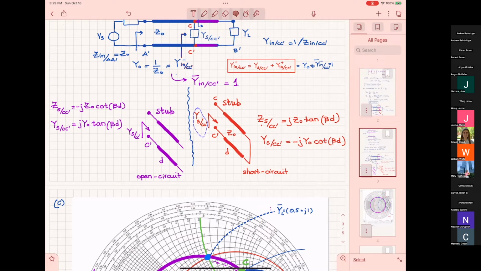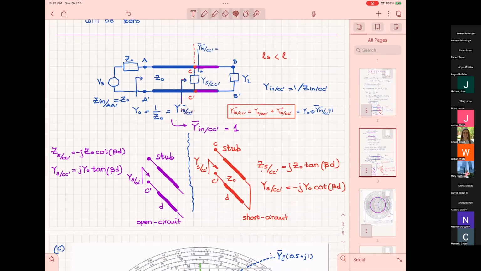What changes is this one. Why does this change? Because of this relationship. But this one does not change. Do you see that? Yes, I believe so. Okay.